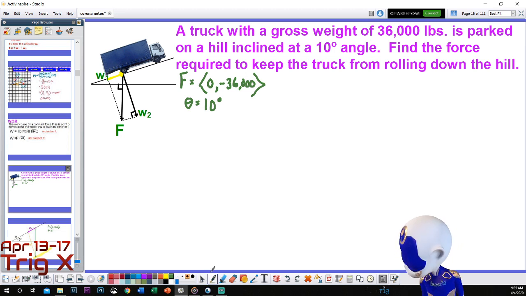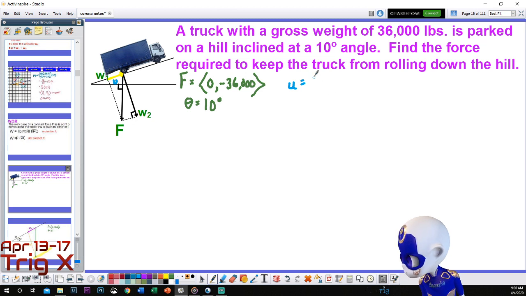Next, I have to see what I can do to figure out this vector. So my first step is, let's go ahead and find the unit vector. Just using my direction angle, I can pretty easily figure out the unit vector. Remember that the unit vector, let's call it u.